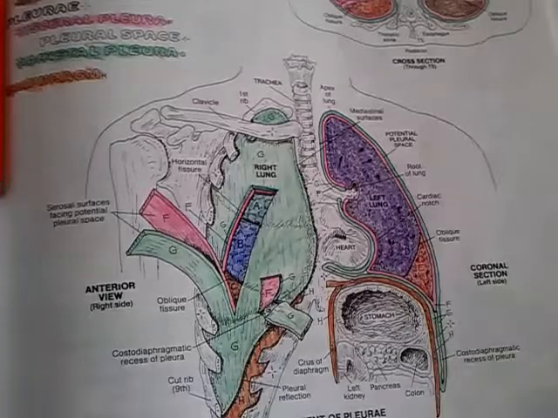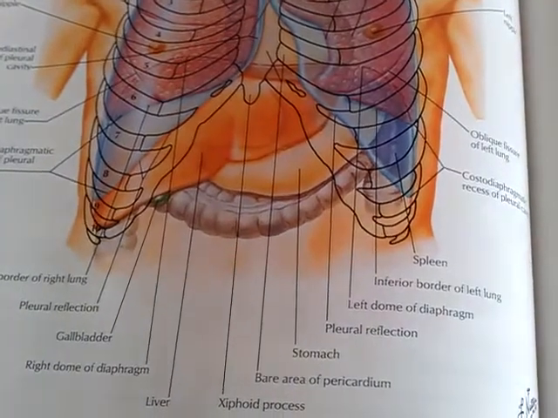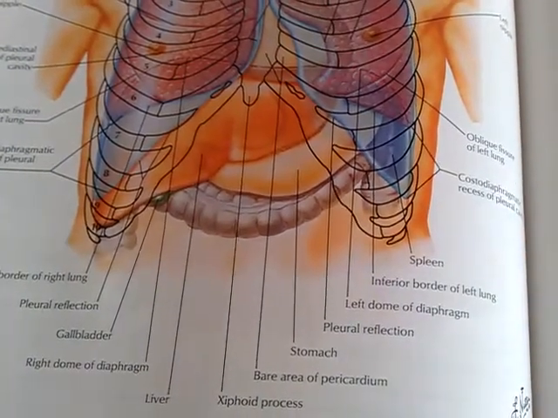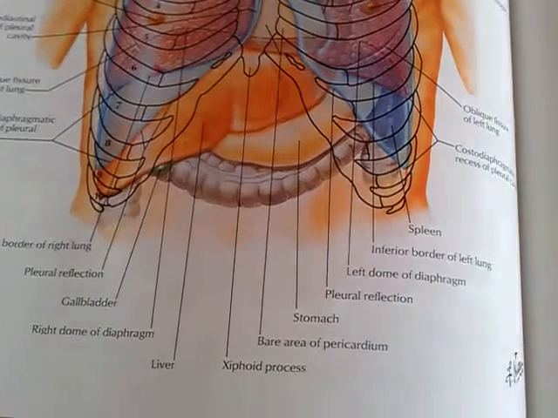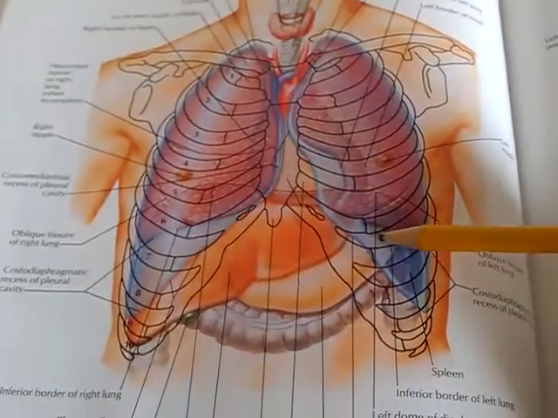This is the most inferiorly lying part of the pleural cavity. This is the costodiaphragmatic recess.